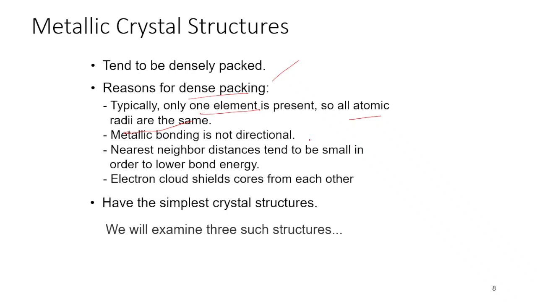There is no directional bonding, as we already saw. Everything is uniformly spread, and there are no competing charges that will cause them to go apart. The nearest neighbor distance tends to be small in order to lower the bond energy. We already saw this in our previous class.